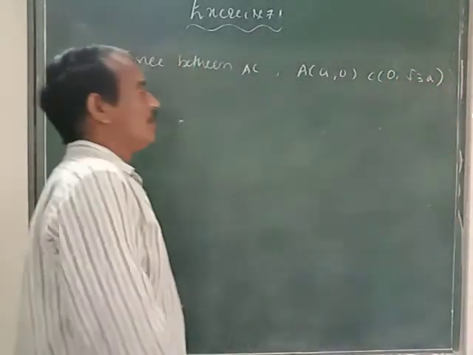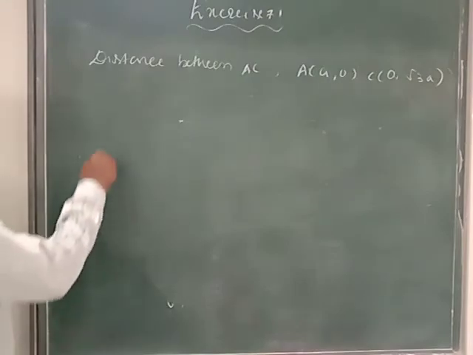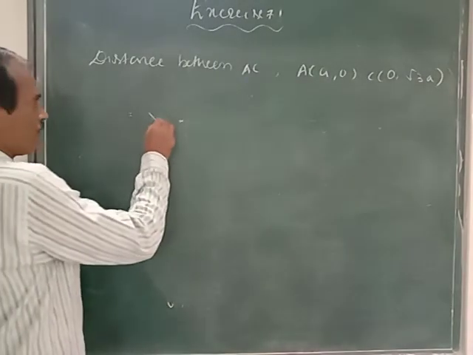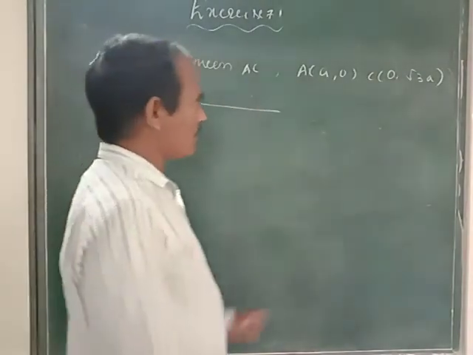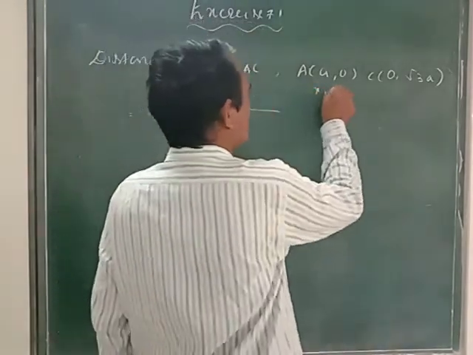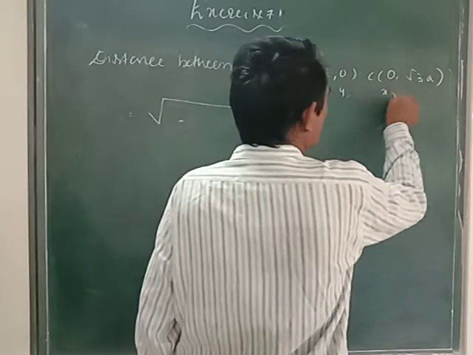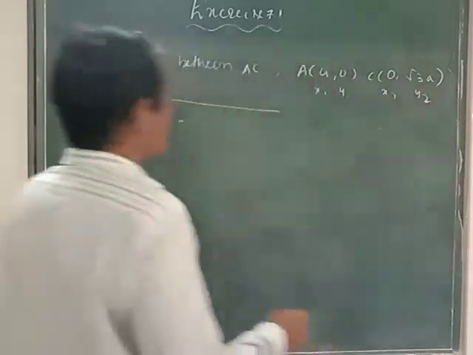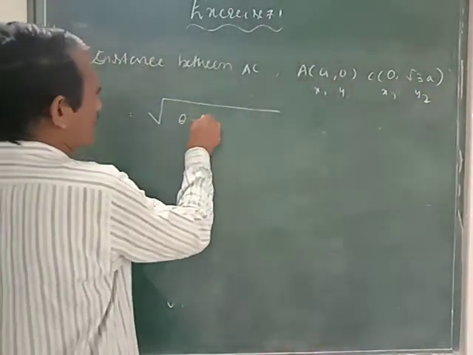Are you clear? Now find the distance between AC, that is root over x2 minus x1, 0 minus a.